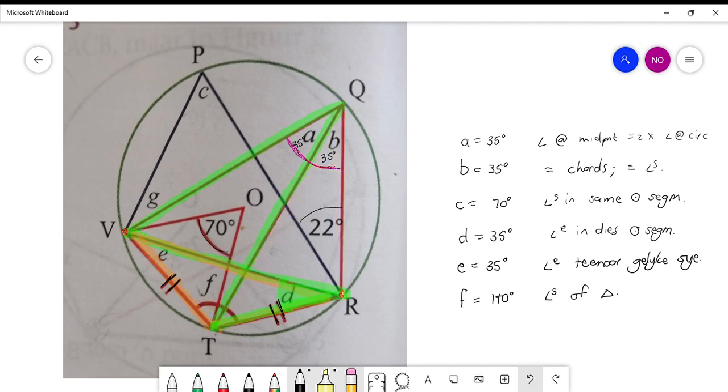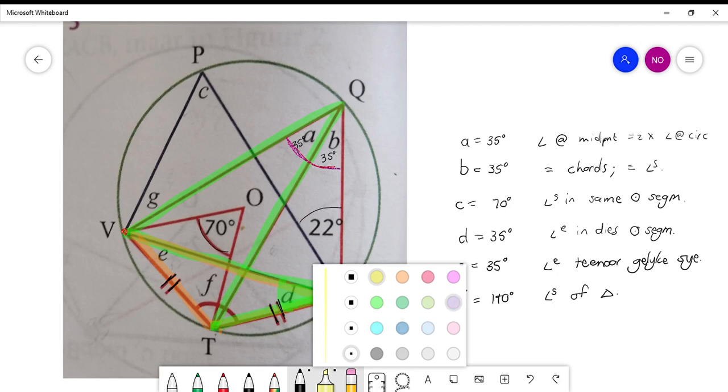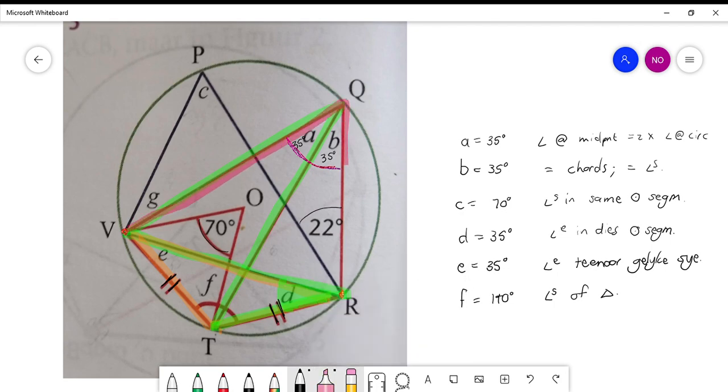Stem julle saam? Okay, before we carry on, I quickly want to show you something because that concerns the next part of the work. Okay. Stem julle saam, daai ding wat ek nou pink ingekleer het is 'n vierhoek. It's a cyclic, it's a quad, a quadrilateral. Okay? How do you know that? It has 4 sides. Okay. Die definisie van 'n koorde vierhoek is 'n vierhoek wat bestaan uit koorde.